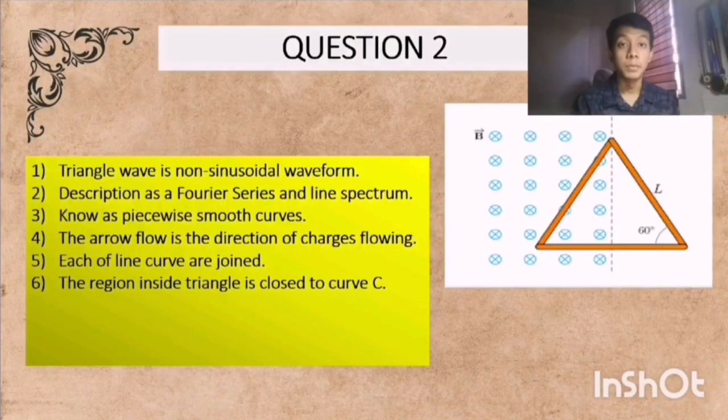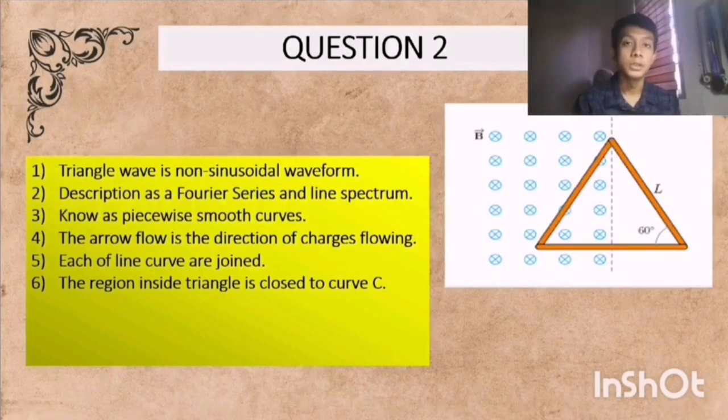Another application that uses Green's theorem is the signal of a triangle wave. A triangle wave is a non-sinusoidal waveform that is often used in sound synthesis, like in a musical instrument. It is also described as a Fourier series and as a line spectrum.